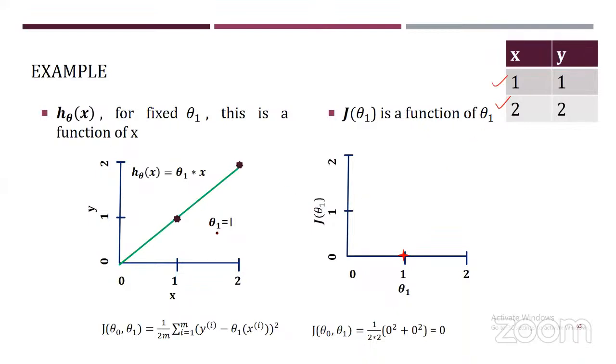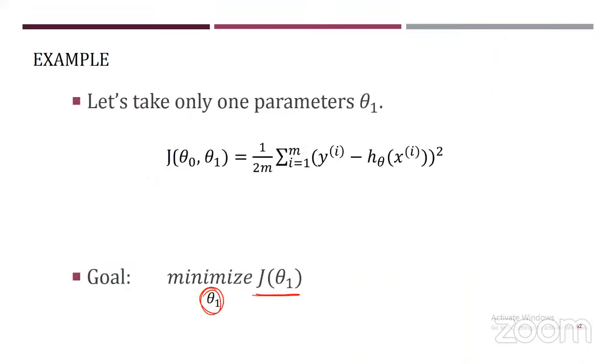Okay. So now let's see how the cost function is going to be affected by this theta. Suppose the equation is theta 1 x, right? Now theta 1 is equal to 1. So what we need to do is calculate your cost, and the equation for the cost is the difference between the actual and the predicted one.